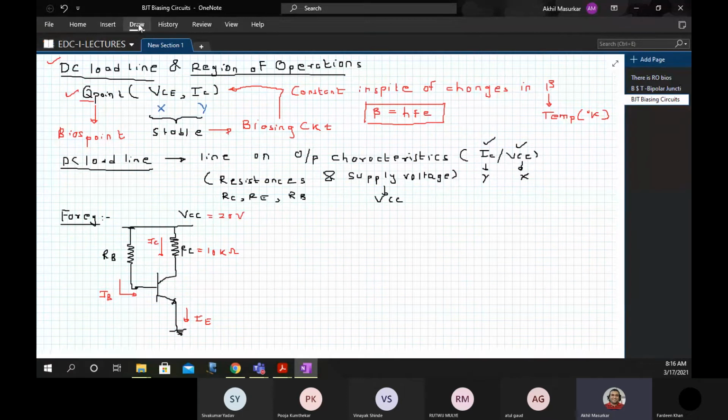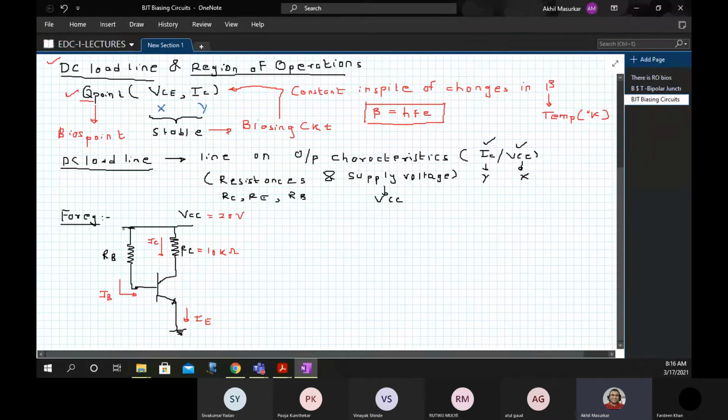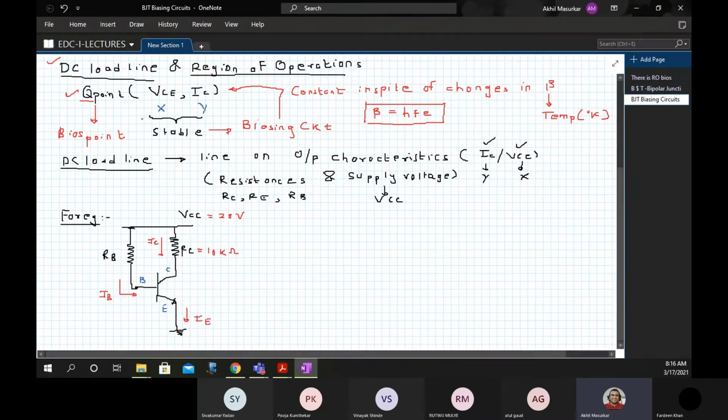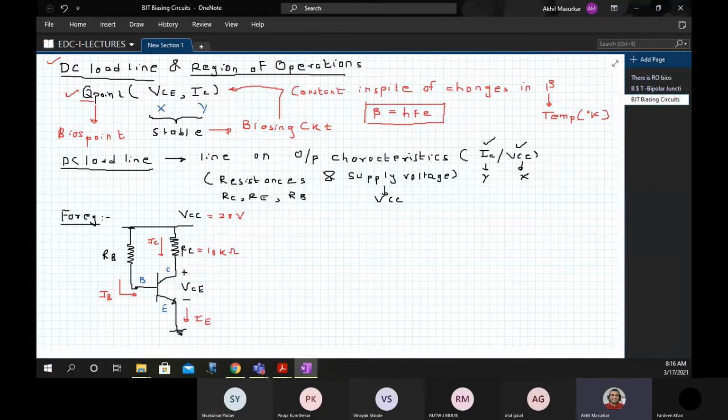For the time being, we can just name these terminals base, collector and emitter. Here we have the voltage drop VCE across this, with plus and minus. Please draw this.